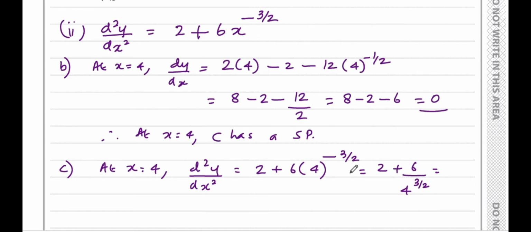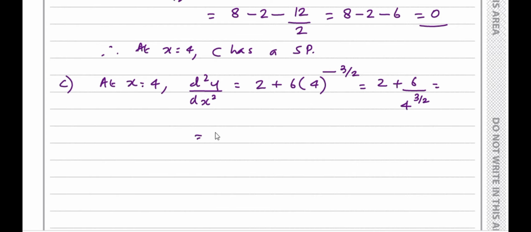So that is 2 plus 6 over 4 to the power of half, which is square root of 4. So this is 2 to the power of 3, which means 2 plus 6 over 8. Okay, that is 16 plus 6, 22 over 8.